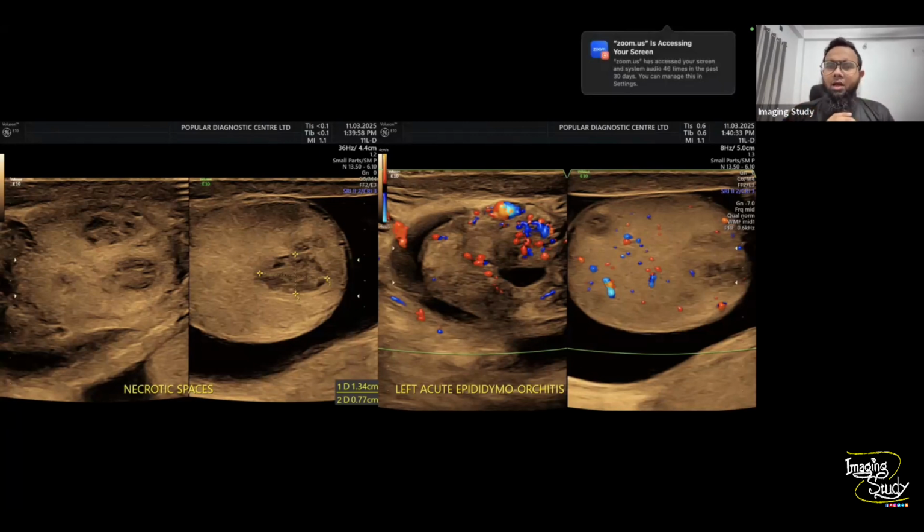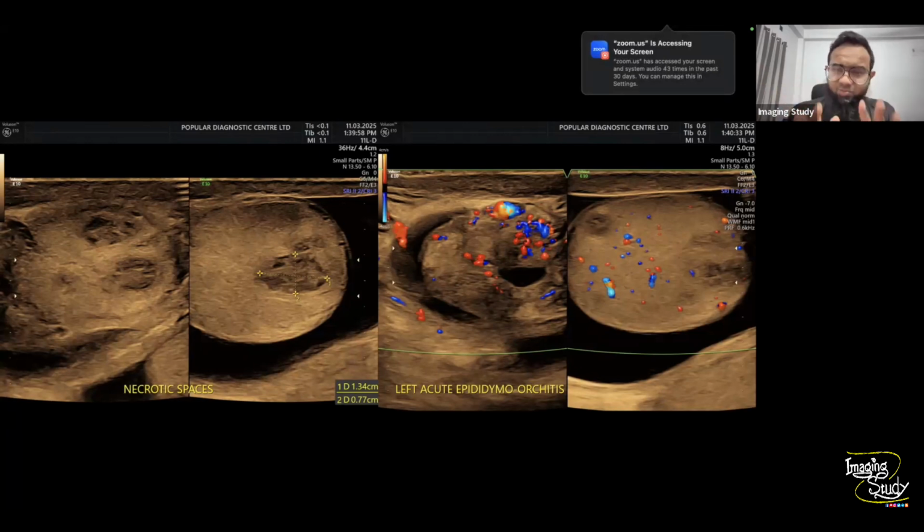In my machine, this is a Voluson E10 from GE Healthcare. GE is not sponsoring this video. This is very bad. So in my machine, I have seen that whenever I want to see the vascularity with a similar preset, similar PRF adjustment, if you go to the muscular setup or MSK presets, you can see very good vascularity.